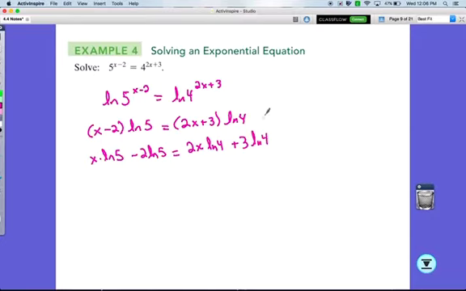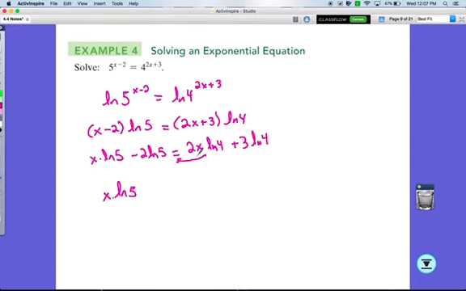Once you get all of that distributed through, you want to get all your x terms on one side and all the terms without the x on the other side. So I'm going to move the 2x over to the left. So I'm going to have the x times the natural log of 5.